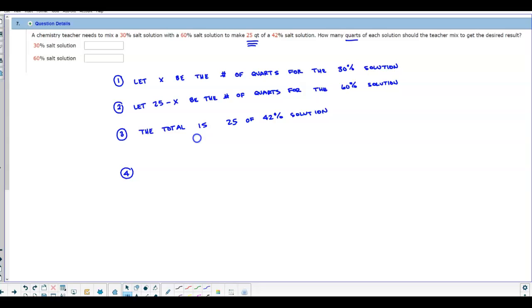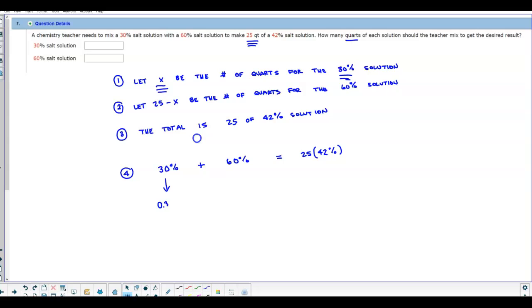Now if we mix the 30% with the 60%, then we should get a total of 25 quarts multiplied by the 42%. Now going back to what we stated here, we let x represent the 30% solution. So now we're going to rewrite this in decimal form.